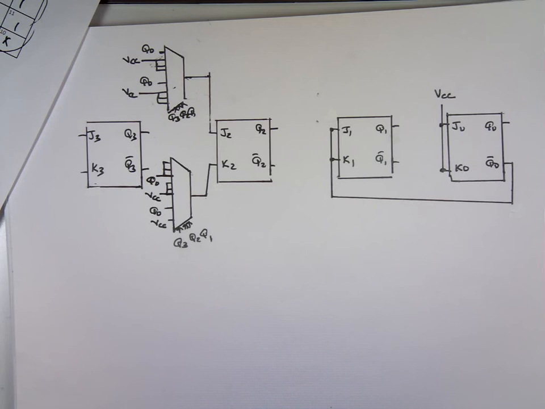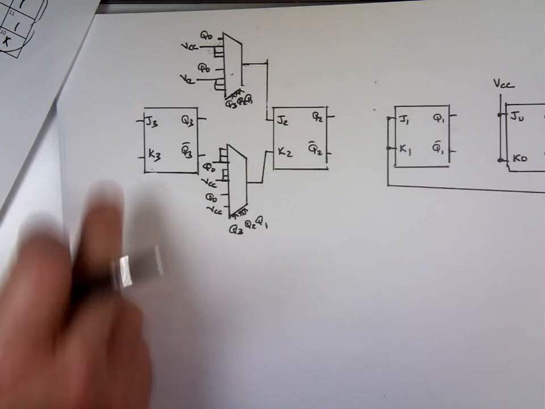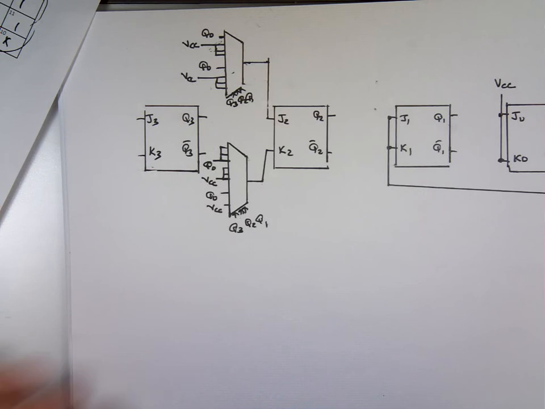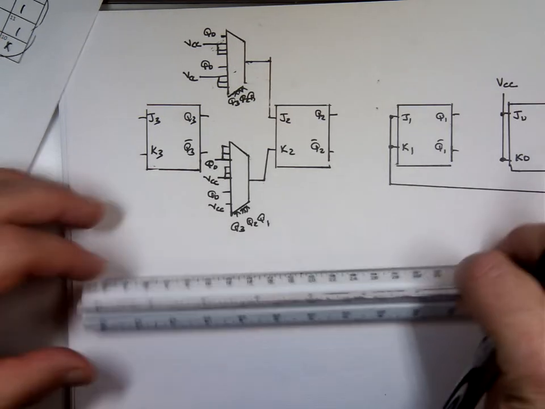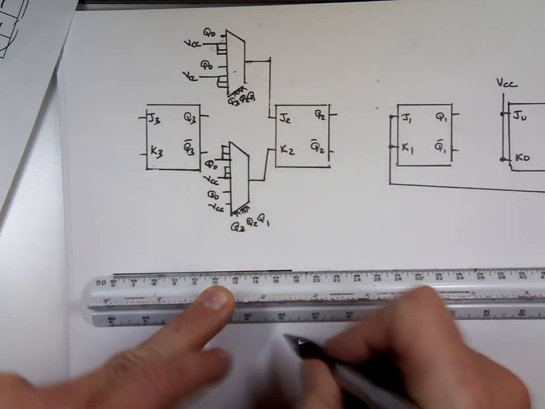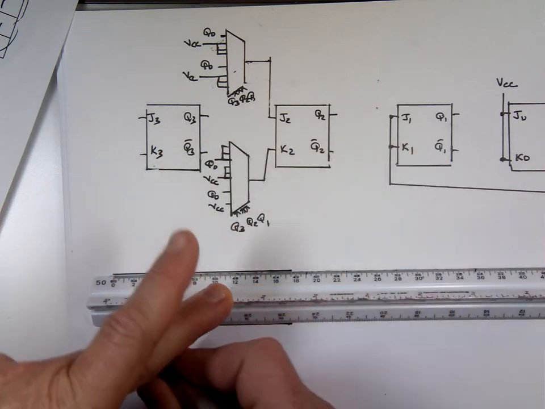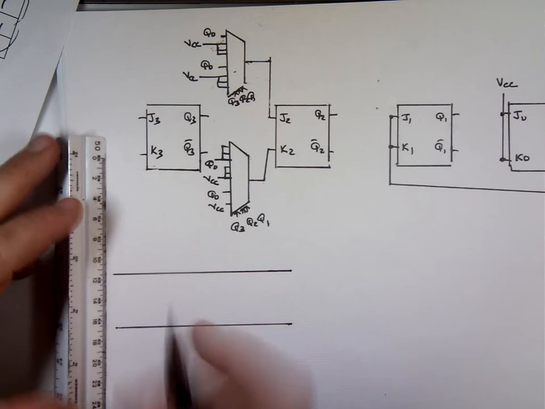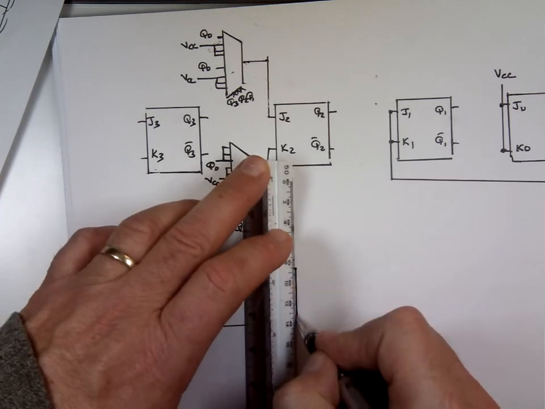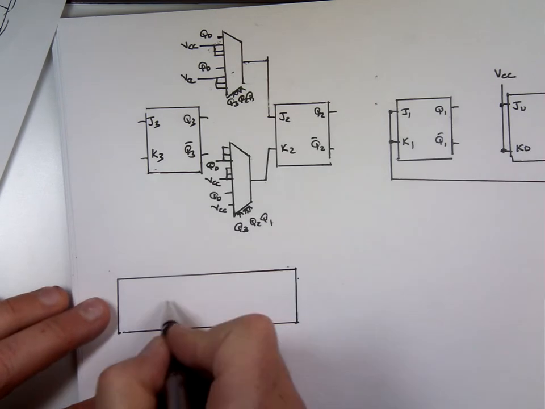And this one here, I'm going to lay my decoder upside down like this, because I don't have any space there. 4 by 16 decoder.